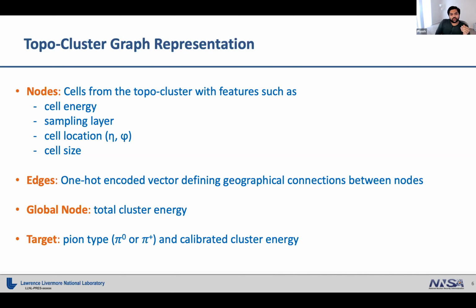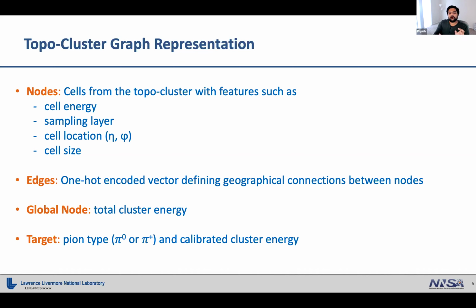The edges were basically defined by the geographical locations of the connections between the cells. And this was like a one hot encoded vector, which just basically tells you, oh, cell A was previous to cell B in the first EM layer, or cell A was the next cell to cell B in going from the EM layer to the hadronic layer, something like that.